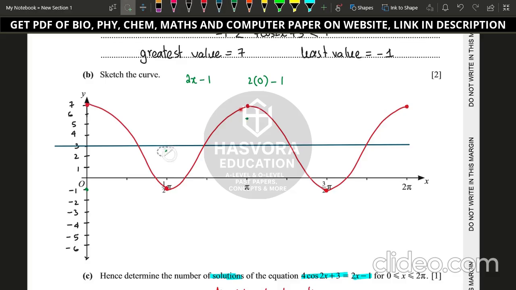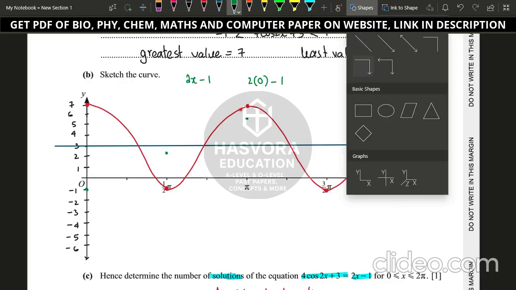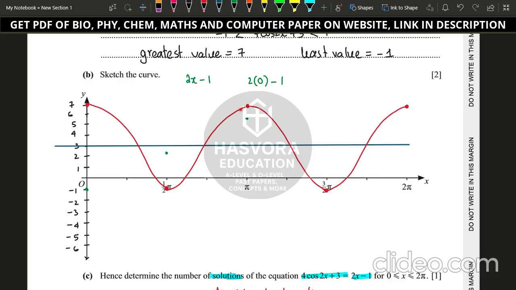Let's move this point a little bit here. Now let's join these 3 points using a straight line. So this is how your line will look.